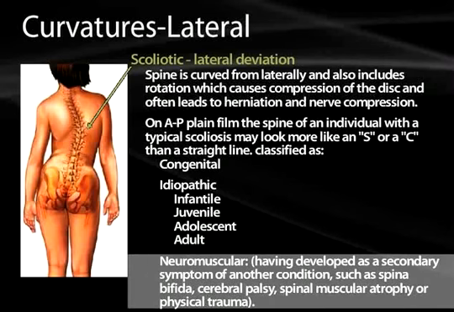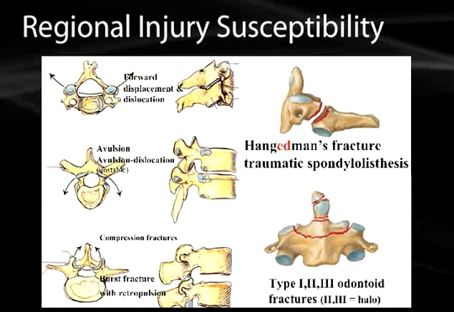And the neuromuscular ones tend to be as a secondary sign of another condition. For instance, spina bifida, cerebral palsy, spinal muscular atrophy, or physical trauma or paralysis, which allows one side to be loose and the other side to have tone with the unopposed action of those other muscles. They are more common in females than males. However, this does not mean that males don't get curvatures.